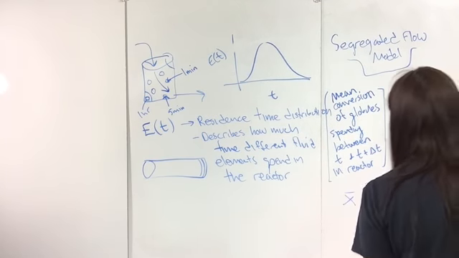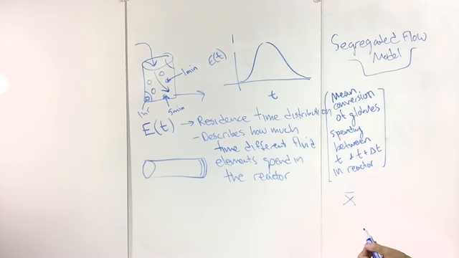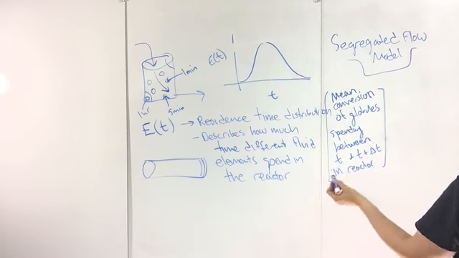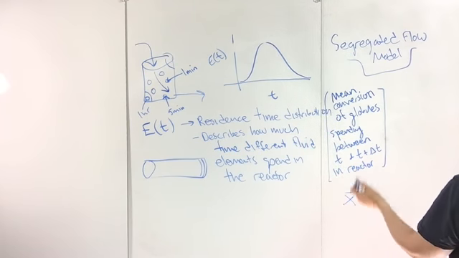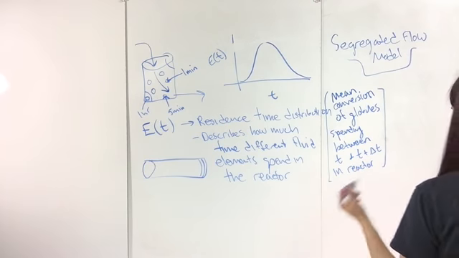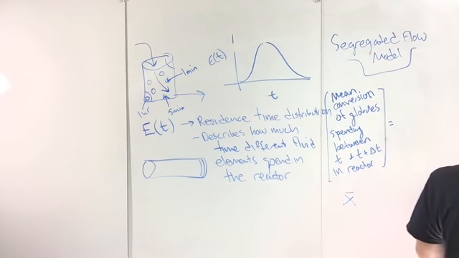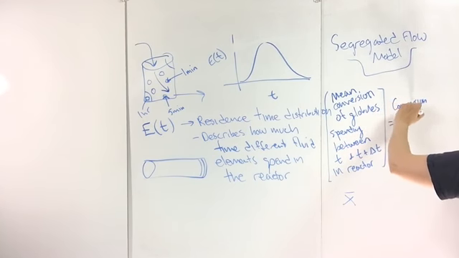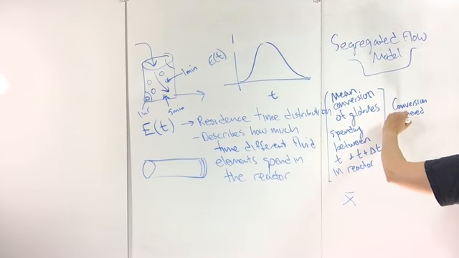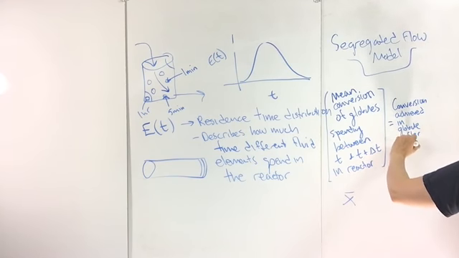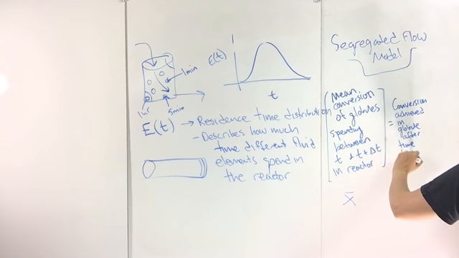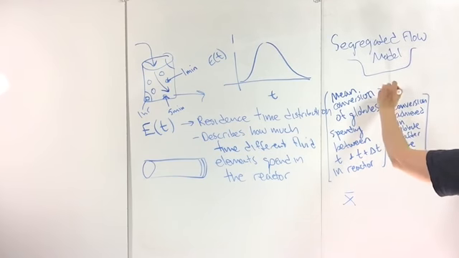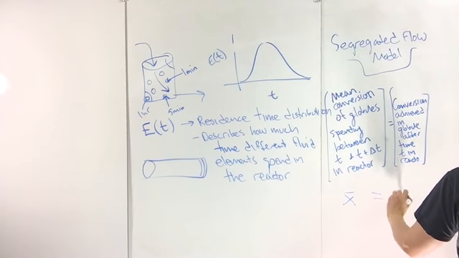This is the conversion of the globules between this time and this time in the reactor. It is equal to the conversion achieved in a globule after time t in the reactor, which is x of t.